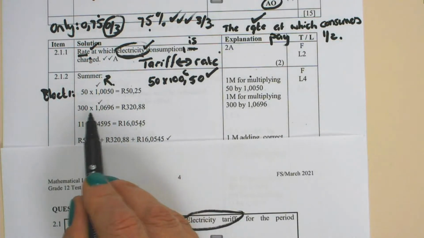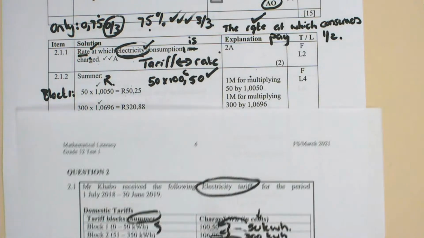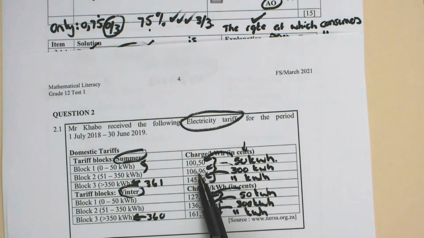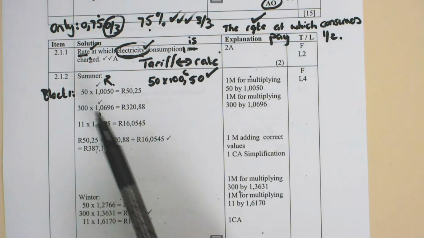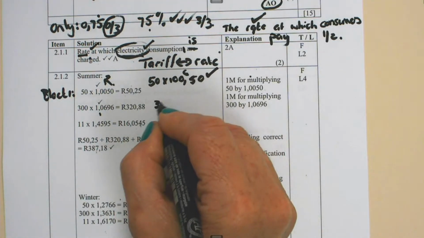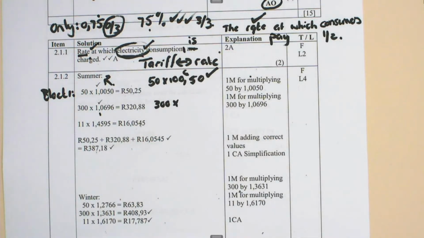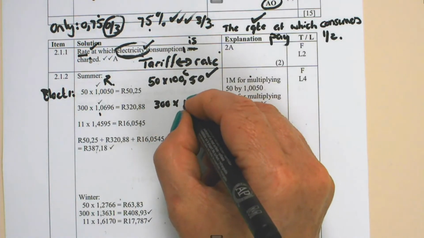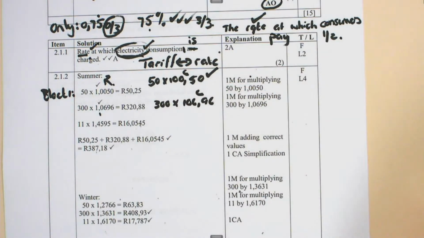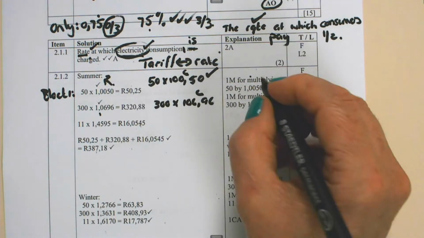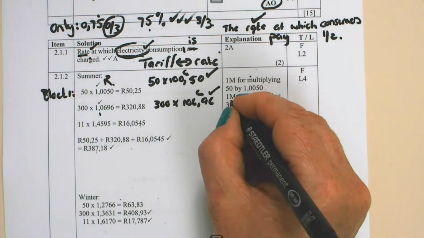Then, for the second block, they must now say 300 times that price. So some learners will already convert to rand immediately, or some will say 300 times, and they will still use the price in cents, 106.96 cents. So they will use the price in cents. You can still give that mark.